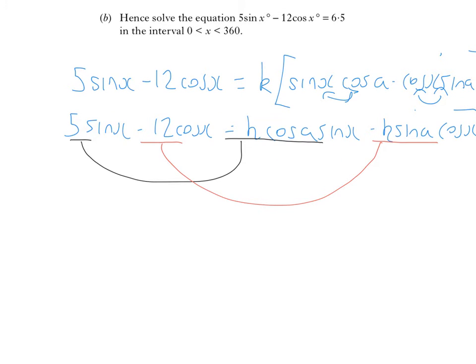So now I can see that the coefficient of sin x is 5 and the coefficient of sin x is k cos a. Therefore k cos a is equal to 5. Coefficient of cos x is minus 12. The coefficient of cos x is minus k sin a. Therefore minus k sin a is equal to minus 12.